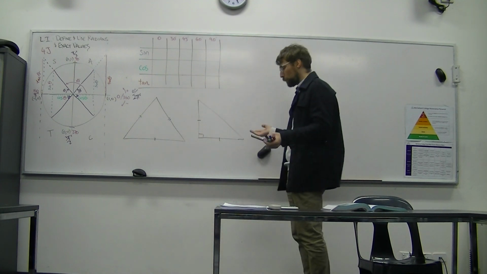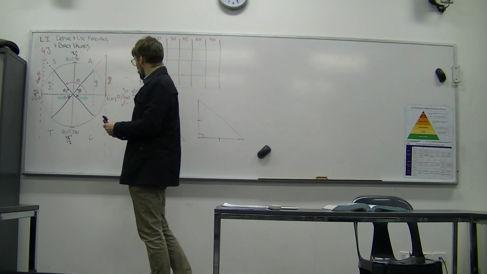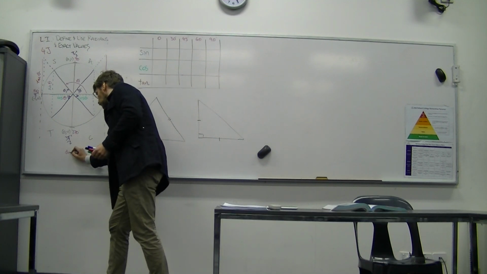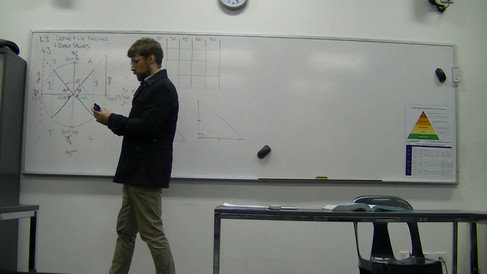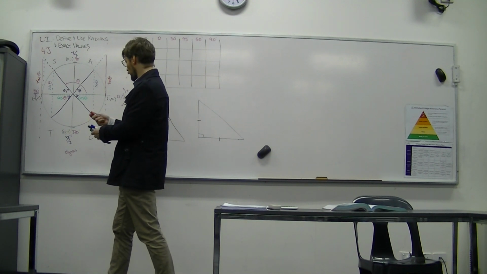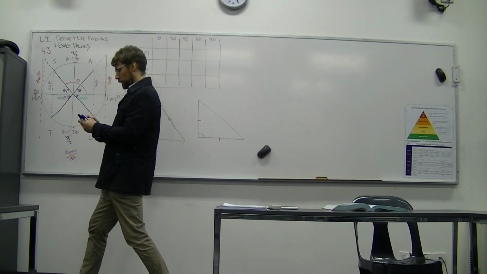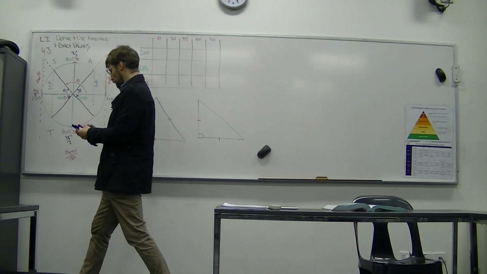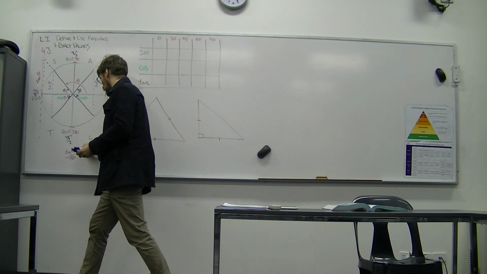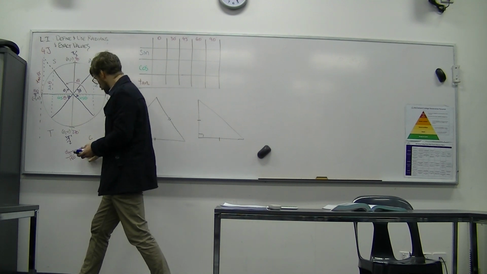If you desperately want a conversion, fine. You take whatever you've got in degrees, divide that by 180, and then times by pi, and that will equal radians.